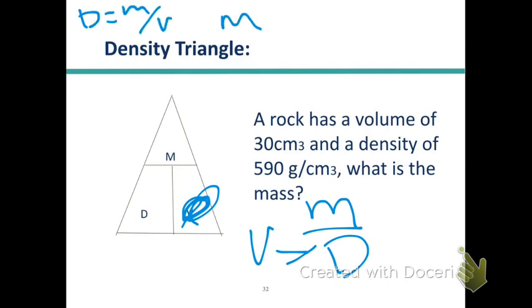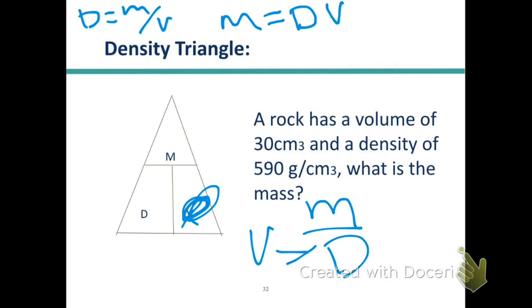Mass is, again, if you cover up M, what you're left with is density times volume, and then volume is mass divided by density. And so if you use this density triangle, you don't have to do any algebra to figure out any formula. All you have to do is remember what the triangle is, cover up one letter, and it leaves you with the formula to solve for that particular letter.